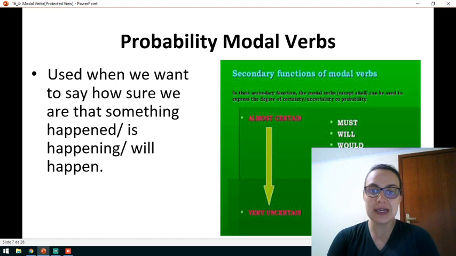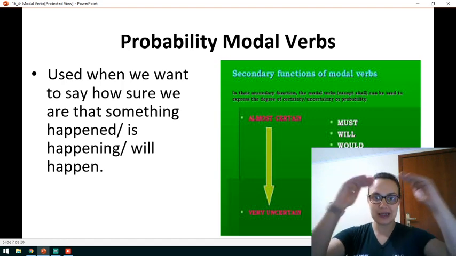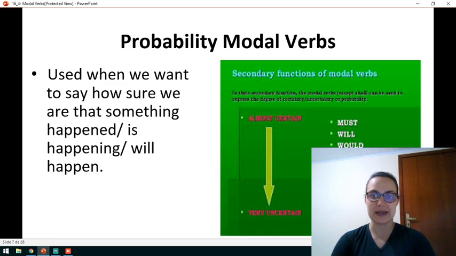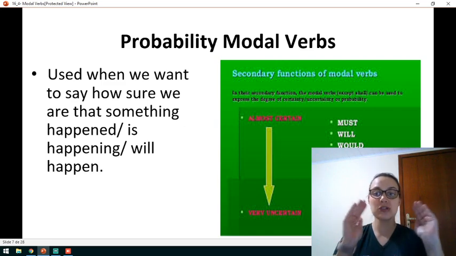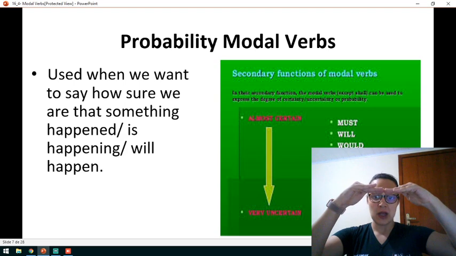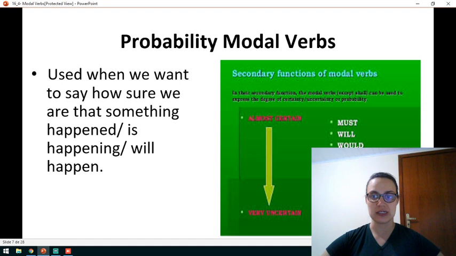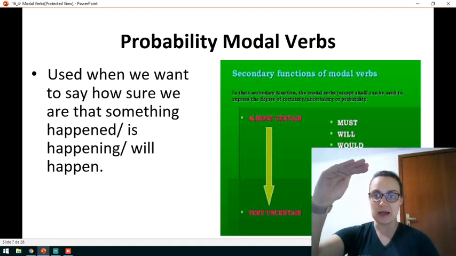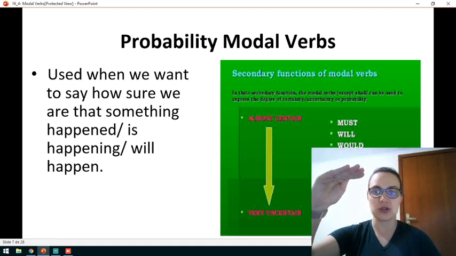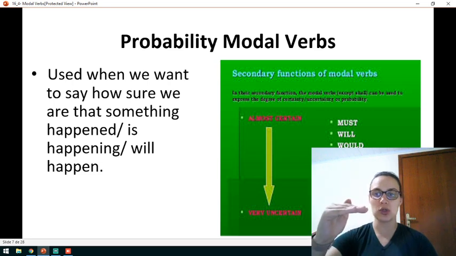Okay, so here we have a little chart on the bottom right of the screen. We can see that there are different levels of probability. Going from almost certain to very uncertain, we would use must to talk about almost certain, then will, would, ought to, should, can, could, may, and then might.